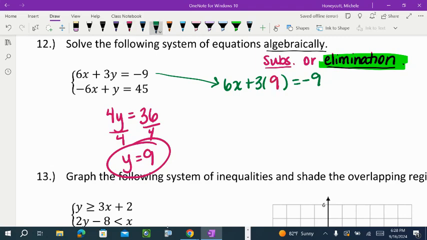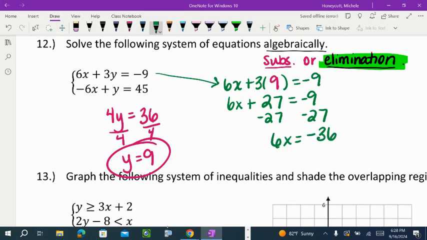So now I simplify: 6x plus 3 times 9 is 27 equals negative 9. If I subtract 27 on both sides, I get that 6x equals negative 36. So x equals negative 6. The solution to this system of equations is negative 6, 9.